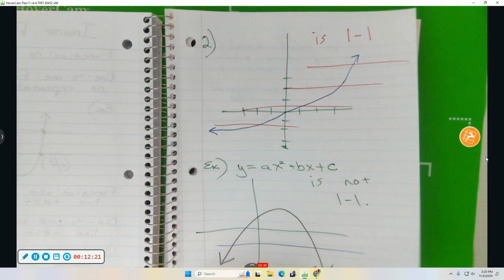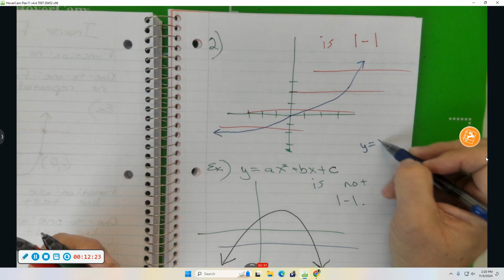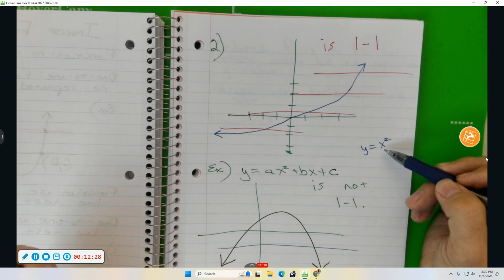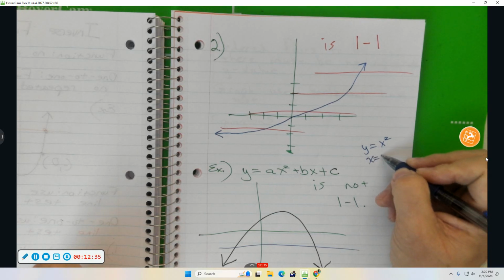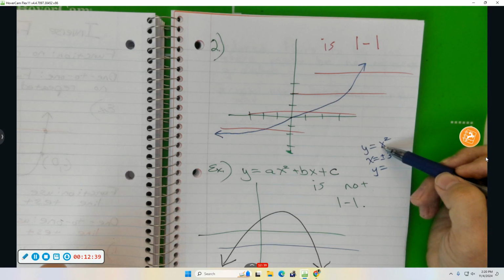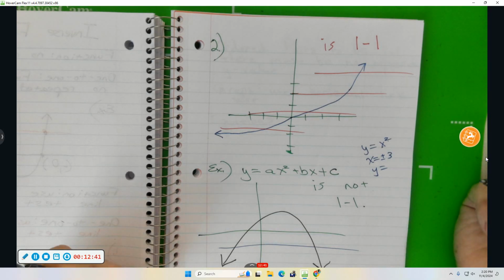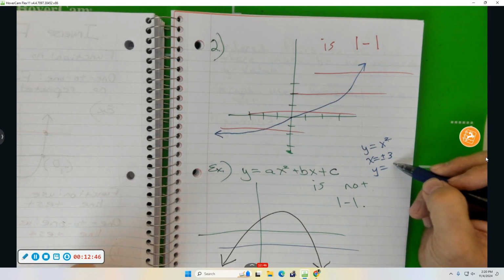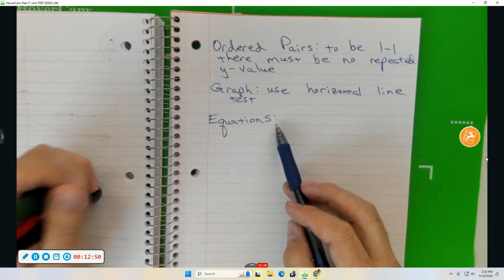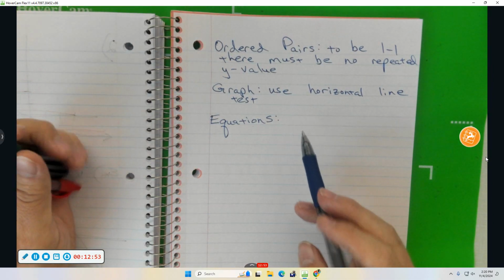For a simple equation, y equals x squared should be enough to convince you. It doesn't matter whether you plug in positive 3 or negative 3. Whether it's positive or negative, when you square it, what sort of a number are you going to get? A positive number. That's one of the things you've got to avoid. If you're looking at an equation and wondering, is that one-to-one?